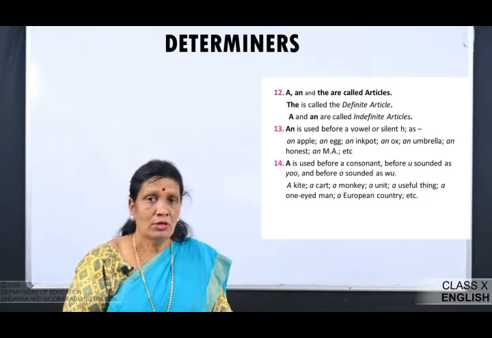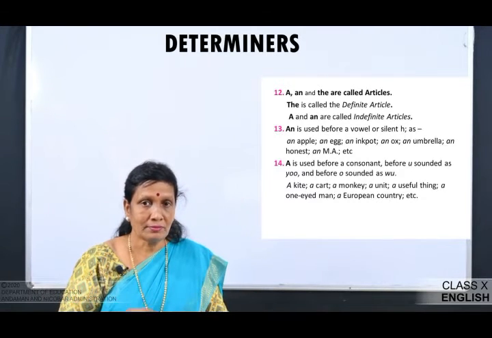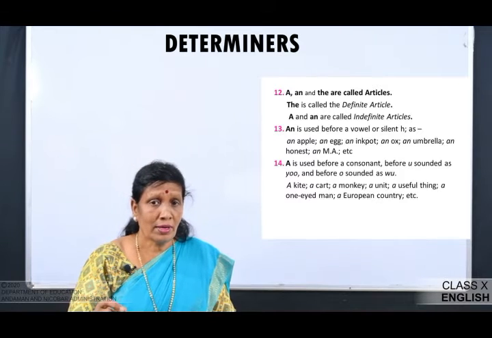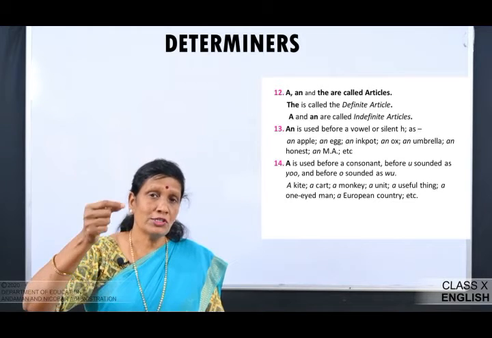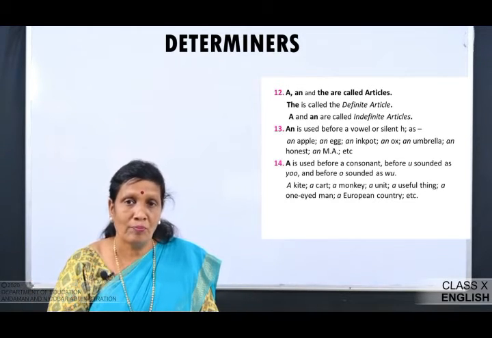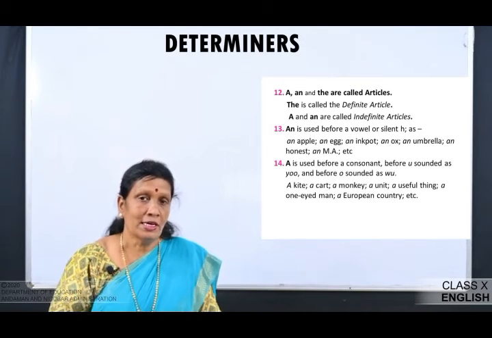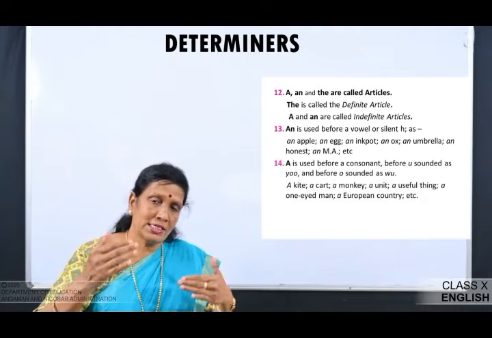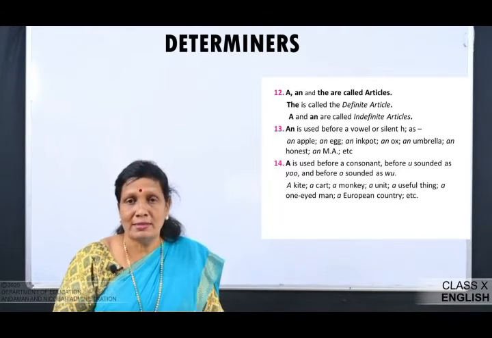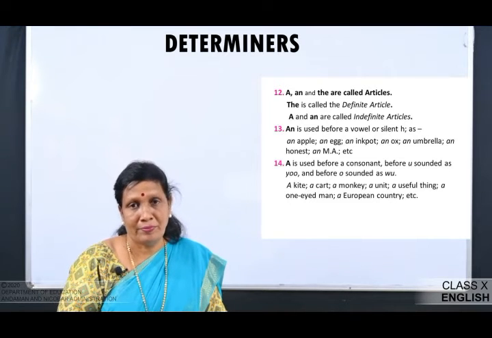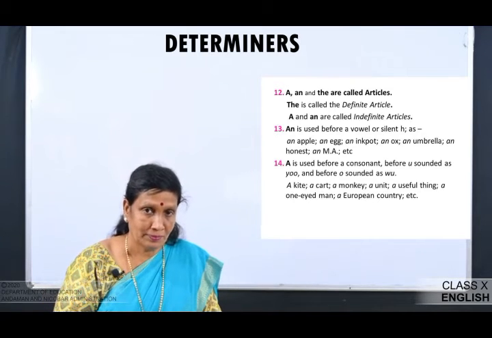But universe or university. Here in this word, you pronounce U as yoo, not uh. You don't say an university, you say a university. So the words where the pronunciation of U is yoo, unity, universe, union, there you have to use the article a.